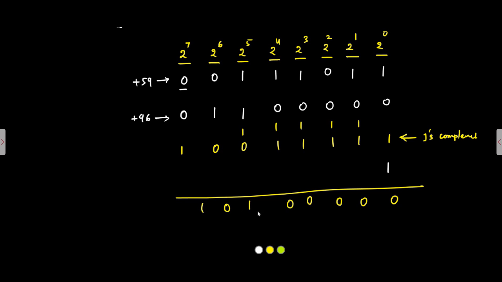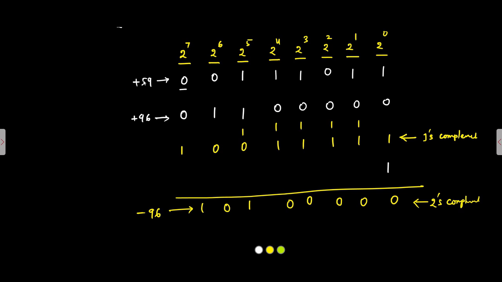So we have 1 0 1 followed by 5 zeros. This is the 2's complement, and this is minus 96 in 2's complement form.